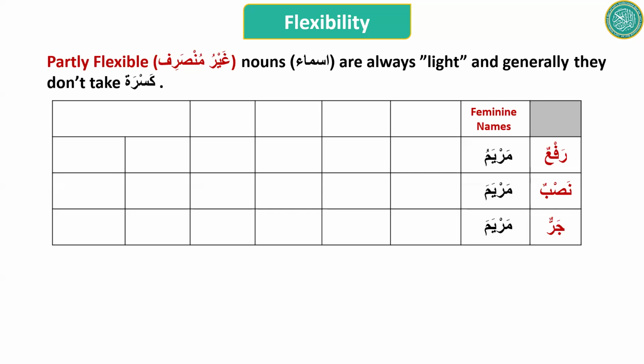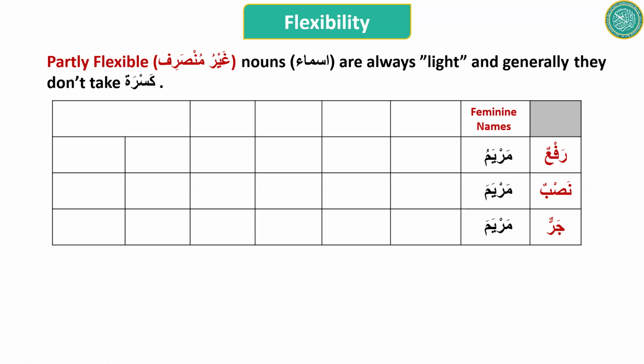All feminine names are always light and they don't take kasra. So it will not be Maryami, generally speaking. So Rafa will be Maryamu, Nasab will be Maryama, and Jar will also be Maryama because it cannot be Maryami. So all feminine names are partly flexible. They are always light and they do not take kasra.